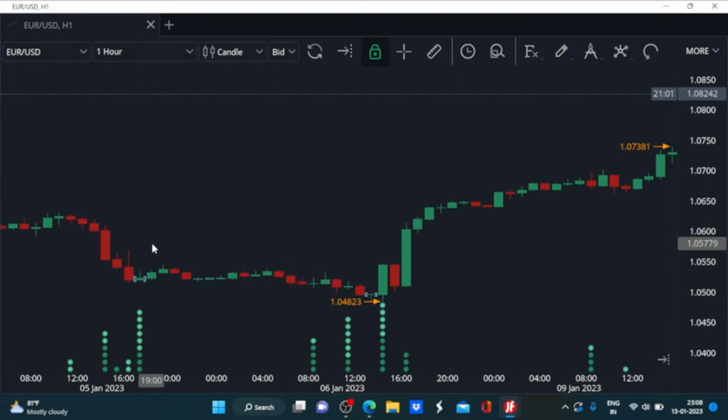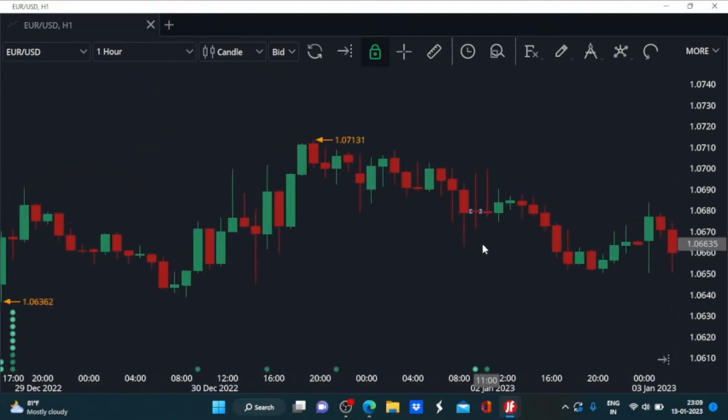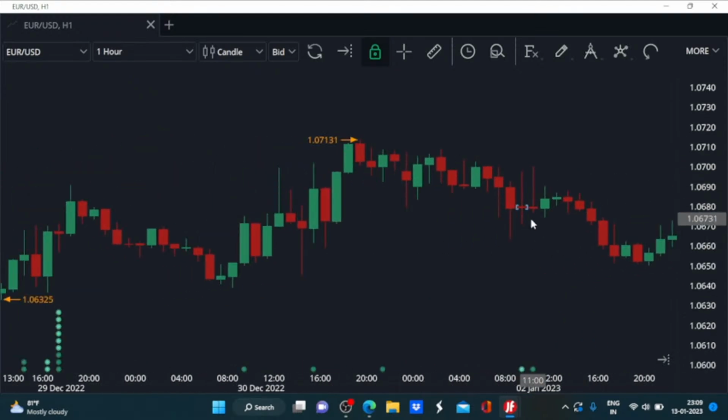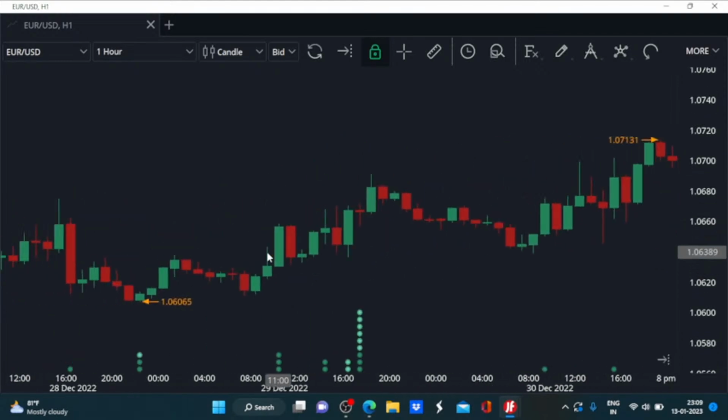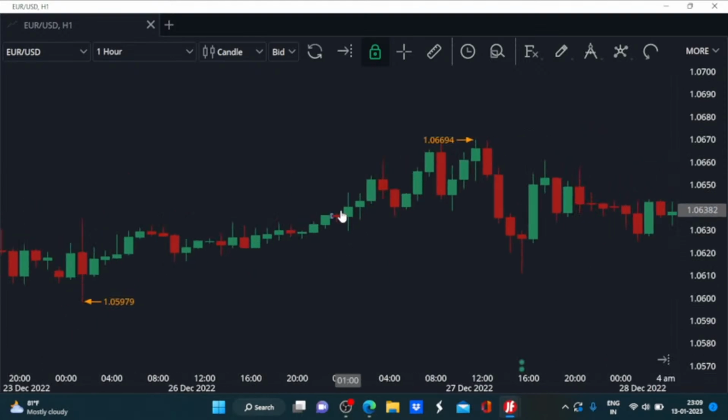Now let's take a look at an example of a bearish Harami cross. There is also a formation of a bullish Harami cross, and for the bearish Harami cross we will have to go back in time. Okay, so this is the representation of the bearish Harami cross.